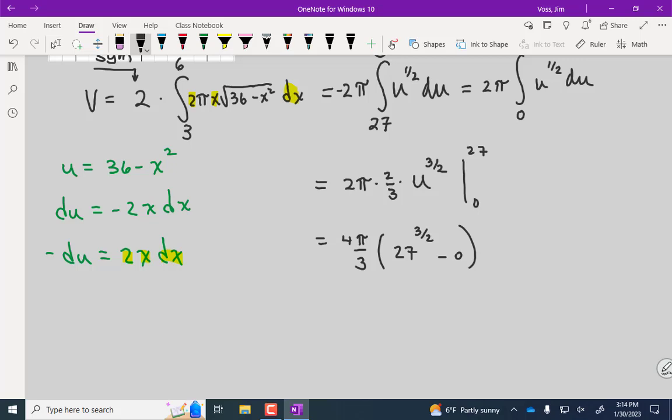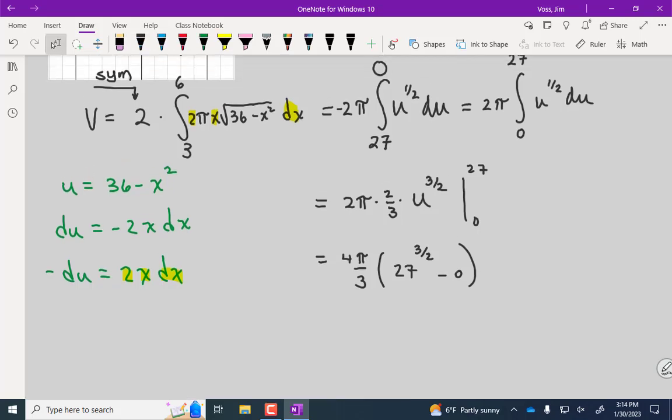Question? I'm just curious, so right after you've highlighted the 2 pi and the dx, in the next integral over you have 0 over the 27. Why is the 0 on top there? Is that because it's negative? So it's because this is the upper limit. And when you plug in that upper limit here, you're going to get the corresponding upper limit in u.